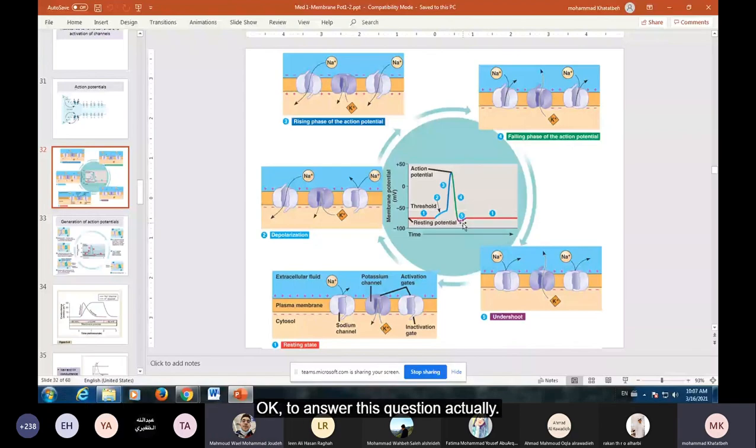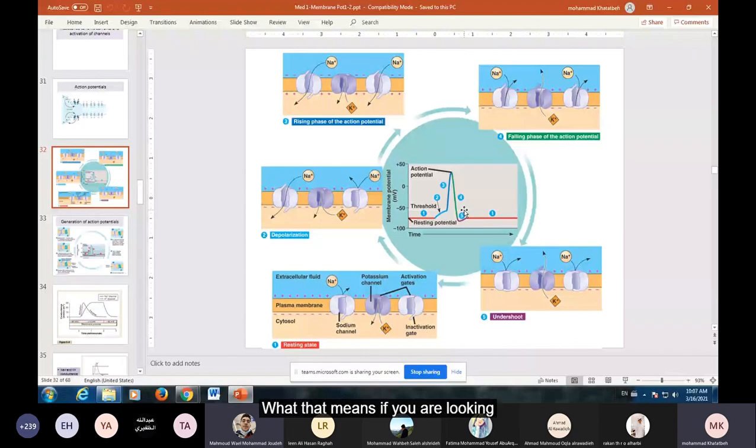Okay. To answer this question, for the first recordings of this whole action potential, it was recorded as changes outside with regard to inside.